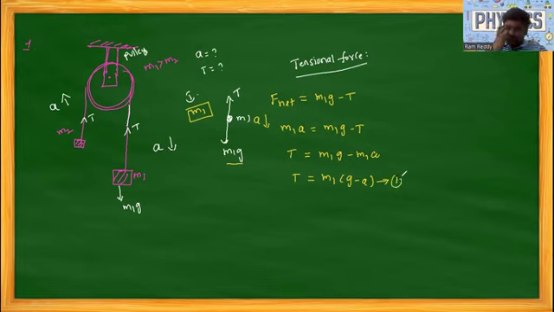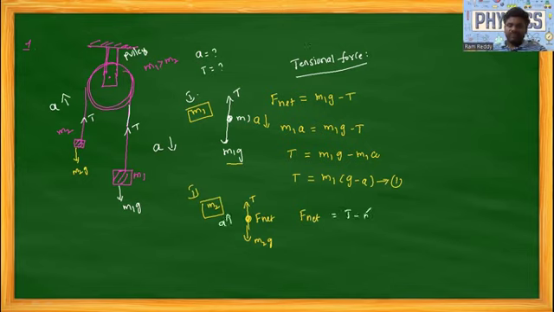Next we take mass M2. For mass M2, if we draw the free body diagram, the gravitational force M2G acts downward, and the same tensional force acts upward. Net force: here the acceleration is upward, so the tensional force will be more.